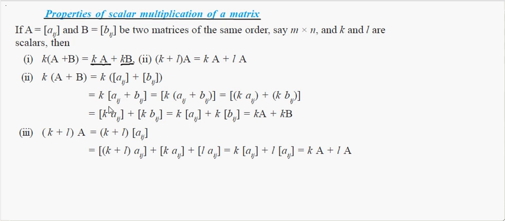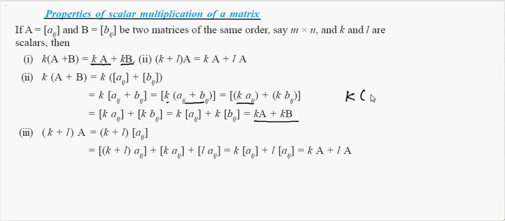All the elements of the matrix will be multiplied by the scalar K. First you add these two matrices and then multiply with the scalar. That is one condition. Or you can multiply the scalar first with matrix A separately and matrix B separately. Then if you add these two matrices, you will also get the same answer.